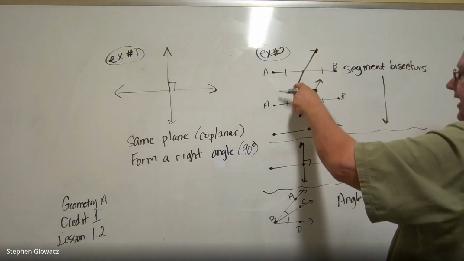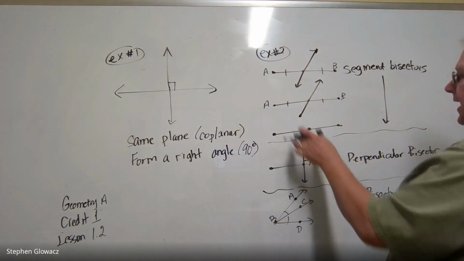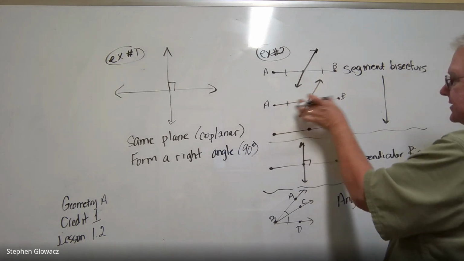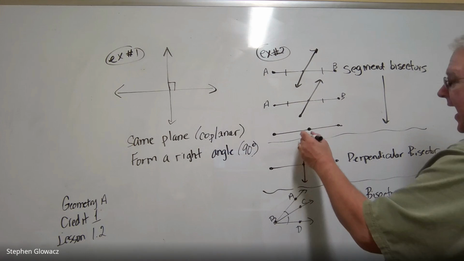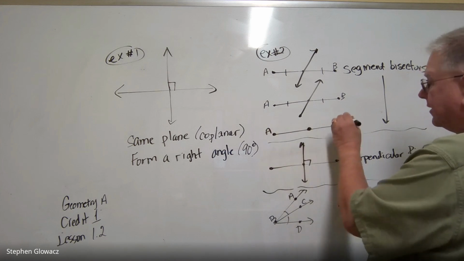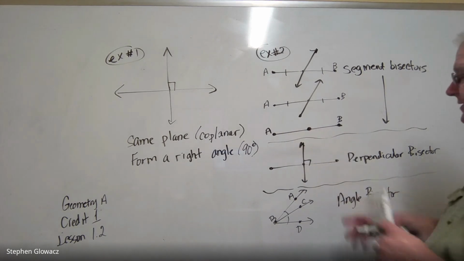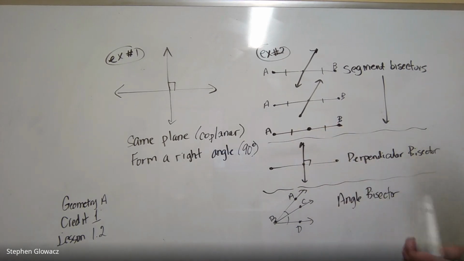So notice the line cuts AB into two equal pieces. The ray here cuts the segment into two equal pieces. And so does this point here, which would also be called a midpoint, but it is also a segment bisector because it divides that segment into two equal pieces.